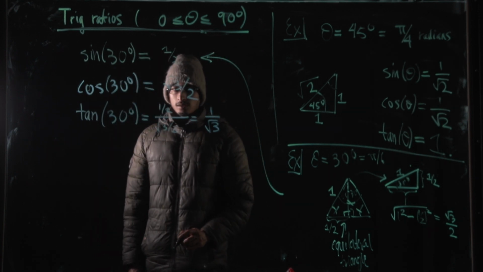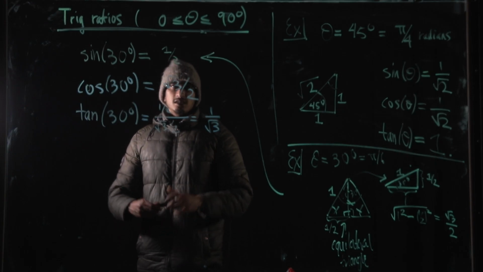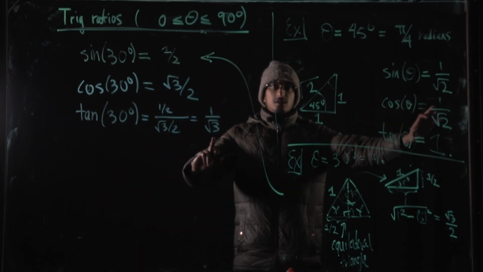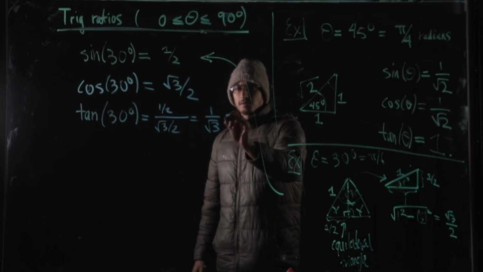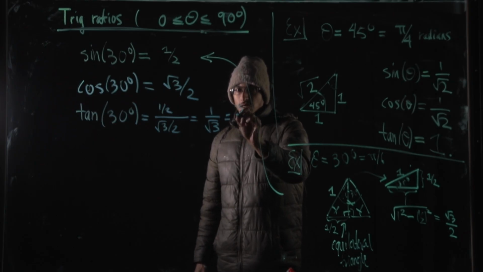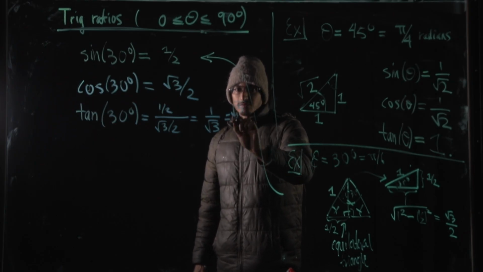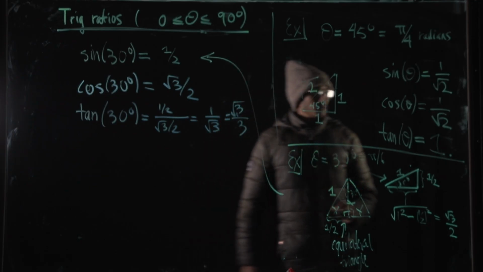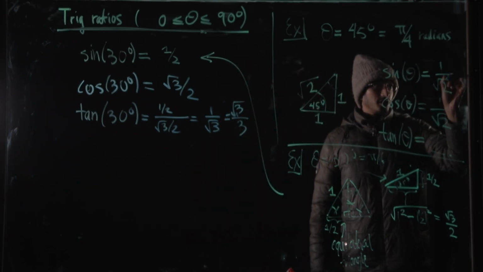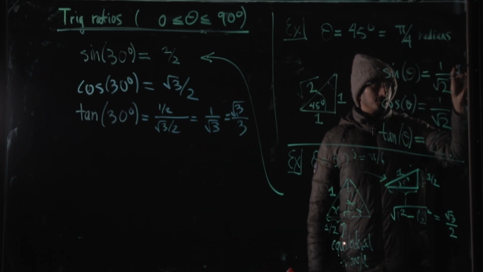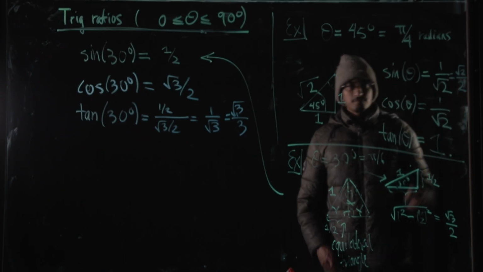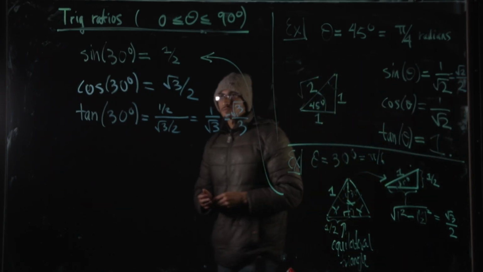Great. In high school, you might have seen some of these ratios differently. You might know this as square root of 3 divided by 3. And similarly, this ratio here is the same thing as square root of 2 divided by 2. Great.